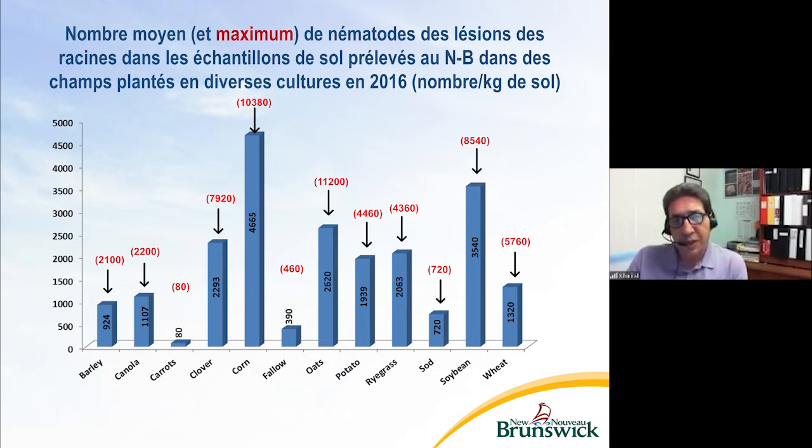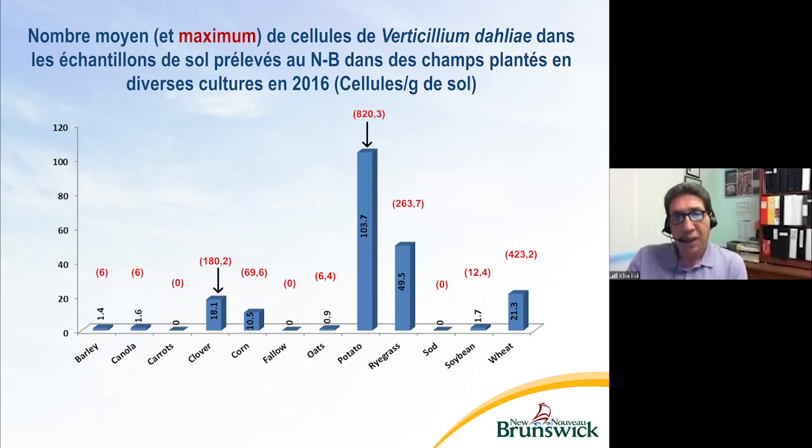These are basically the hosts for the nematodes. In the case of Verticillium dahliae, the largest numbers of cells were found in potato crop fields, ryegrass, and clover. The rest were very low or non-existent because they're not hosts.